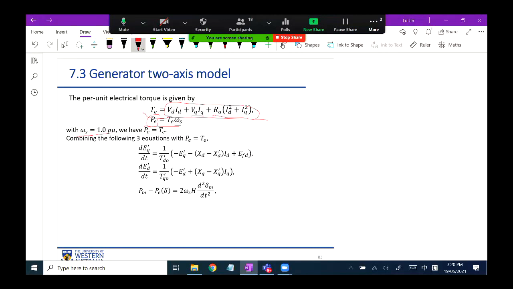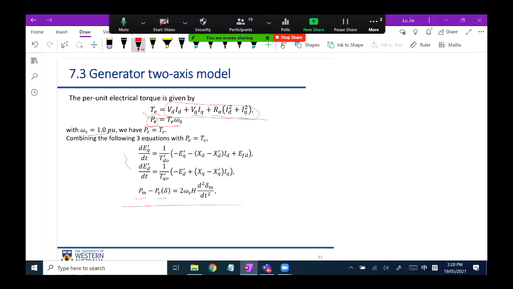In the next three equations, the first two are coming from the previous slide. We just copy them here again. And the third one, you should already know. This has already been introduced in the lecture last week. PM is the mechanical power. PE of delta is the electrical power of the generator in terms of the rotor angle delta.